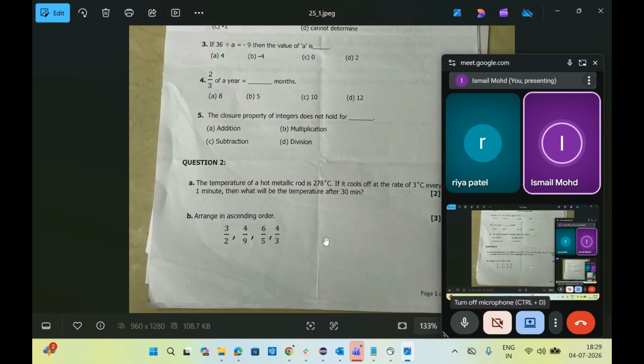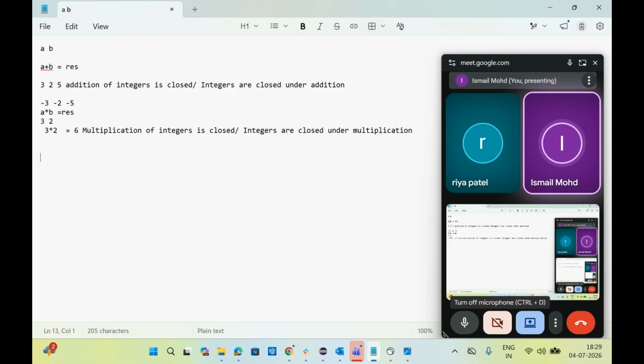What is the next one? Subtraction. If you take two integers and do a minus b or b minus a, either one, and you get the result as an integer, then it is closed under subtraction. Take the same two numbers: 3 minus 2 gives 1, or 2 minus 3 gives minus 1.